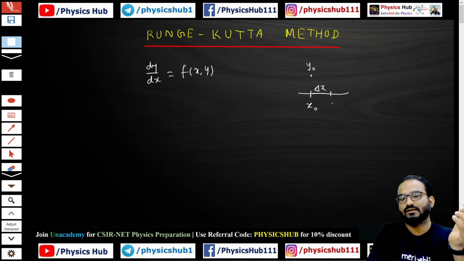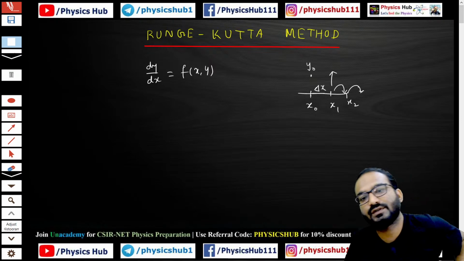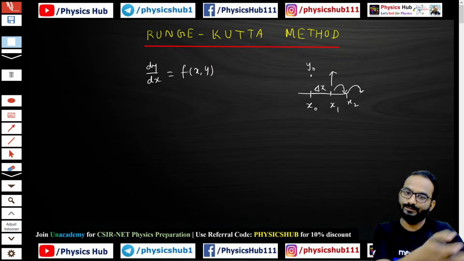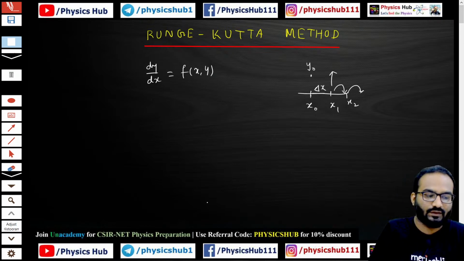So you get the solution at this point, let's say at x1. At x1 you will get some solution. And once you get the solution at x1, you can repeat the method, and you can get the solution at x2. Then you can get the solution at x3. This is how Runge-Kutta method is different from the other conventional methods. This is basically a numerical method.